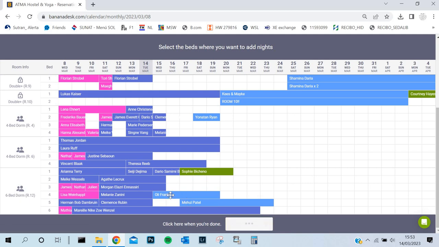That's also a possibility. But to keep the system clear, the most clear thing would be to move this person away and extend him on the same line. So you'll see that the position within the dorm, on which line you are, doesn't matter. But what I can do is bringing people into another room. Hold on.